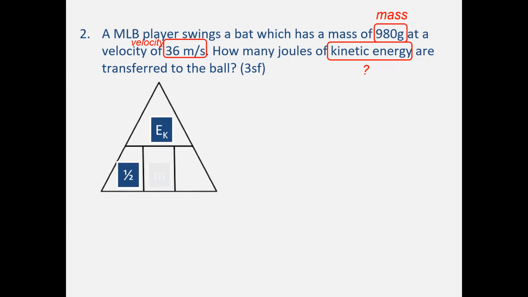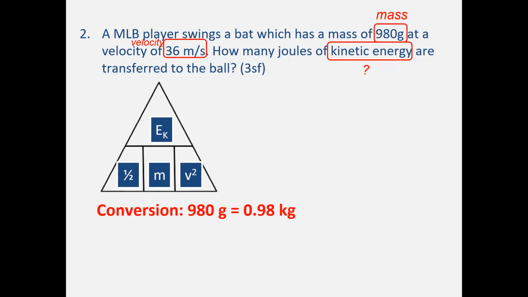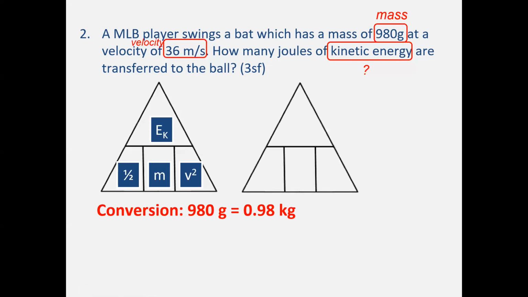So again, your original formula triangle showed that kinetic energy equals half mv squared. You've got a conversion to make there because you're given mass in grams and you need mass to be in kilograms. To convert mass in grams to kilograms, you divide by 1,000. So 0.98 kilograms is the mass of this bat. So you then substitute these values in your formula triangle.